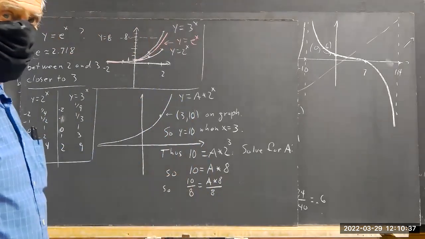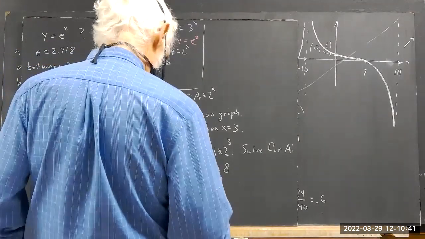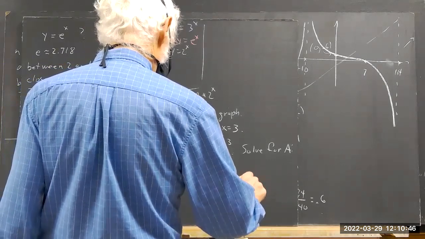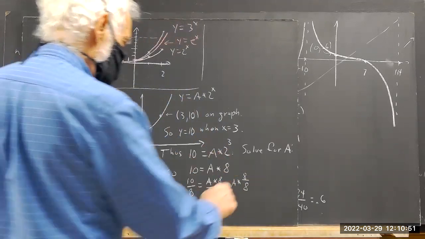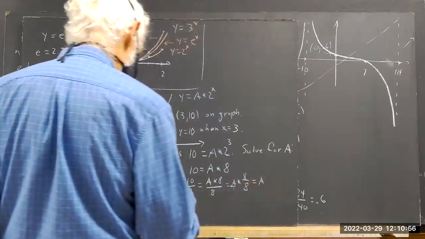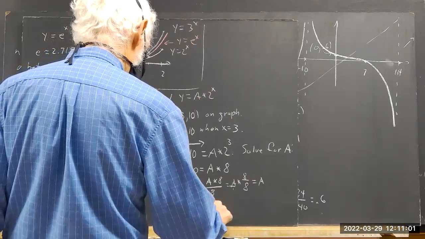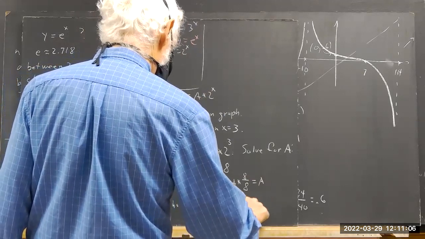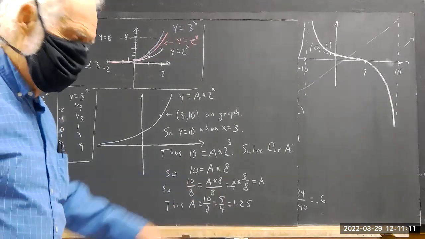So 10 over 8 is a times 8 over 8. a times 8 over 8 is the same as a, if you want a over 1 times 8 over 8, equals a. So a is 10 over 8, which is 1.25.